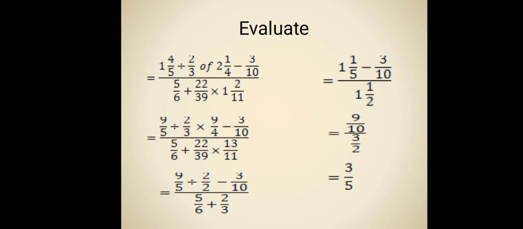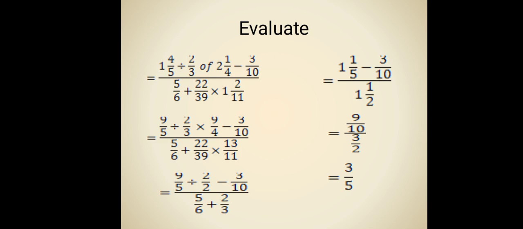Evaluate 1 and 4/5 divided by 2/3 of 2 and a quarter minus 3 over 10, all of this divided by 5 over 6 plus 22 over 39 multiplied by 1 and 2 over 11.